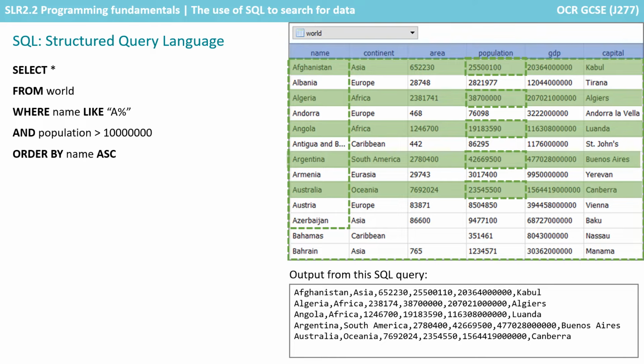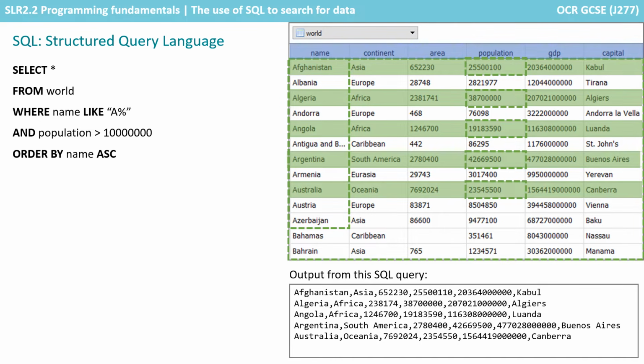Okay, so let's look at one with a slightly more complex where clause. We start off the same, select star from the world table. So select all fields from the world table. Then we say where the name field is like, and then we've opened double quotes and we've gone capital A, percent sign, double quotes. So that percent sign is a wildcard.